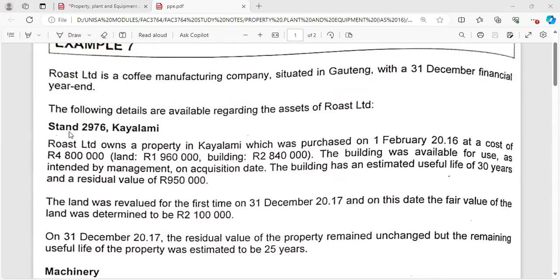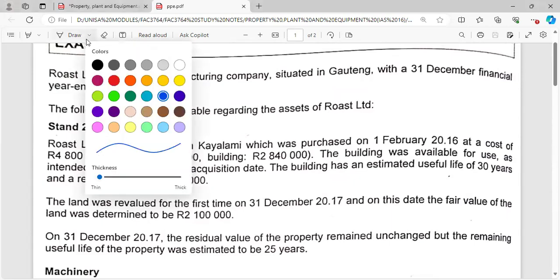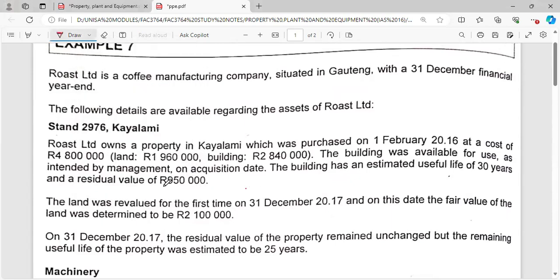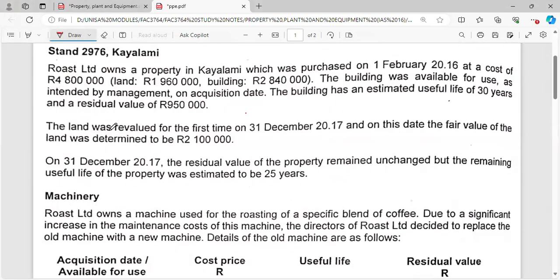There is no need for you to read all these assets. You know you want to disclose, so you can read one asset, then calculate the carrying amount of that particular asset. Like here we can read the stand 2976.